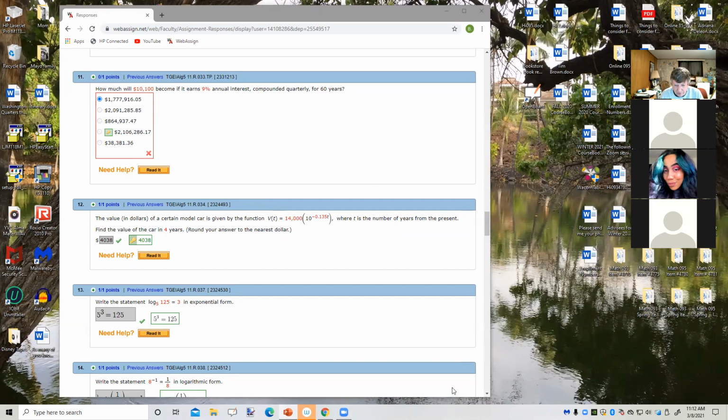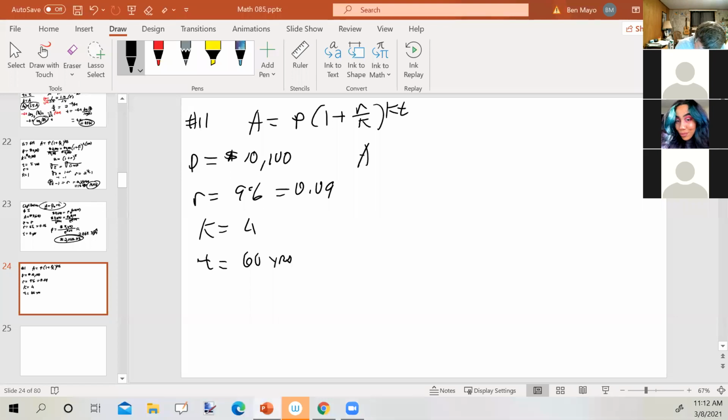All right, so now we've got all our information. A equals 10,100 times (1 plus 0.09 over 4) raised to the power of 4 times 60. I'm just going to put that whole thing in the calculator, all as it is.